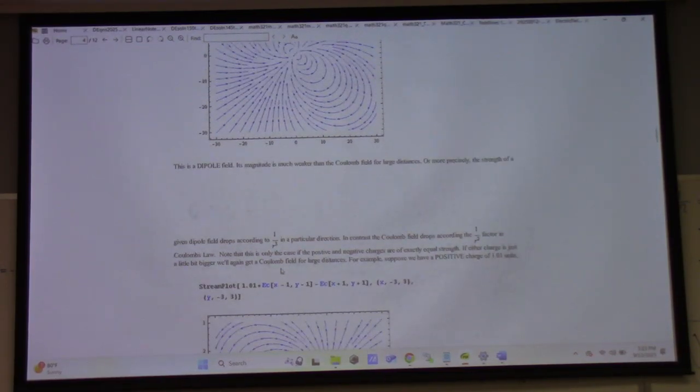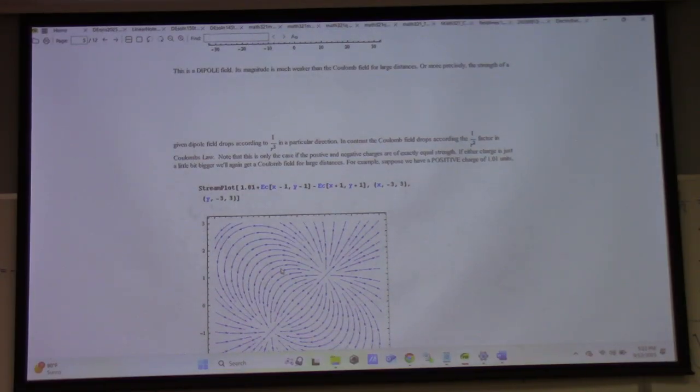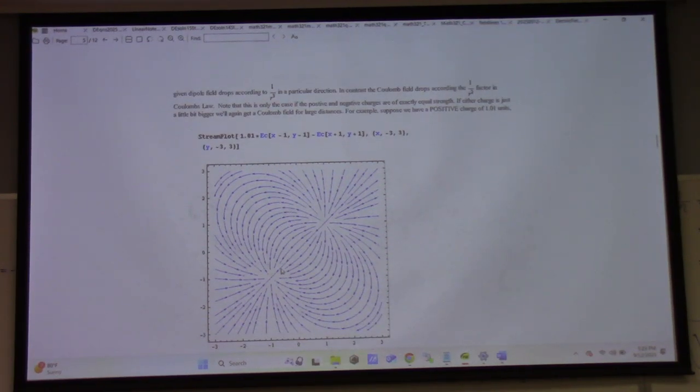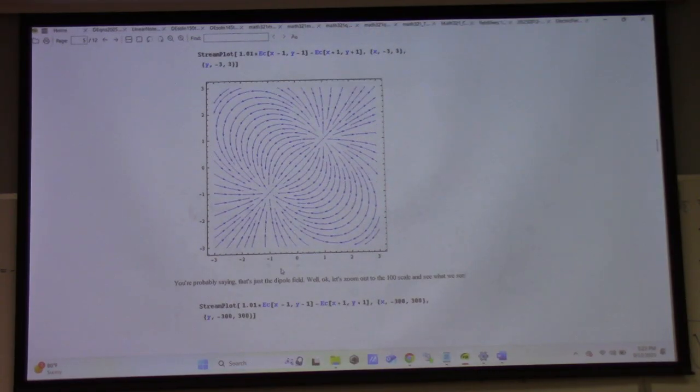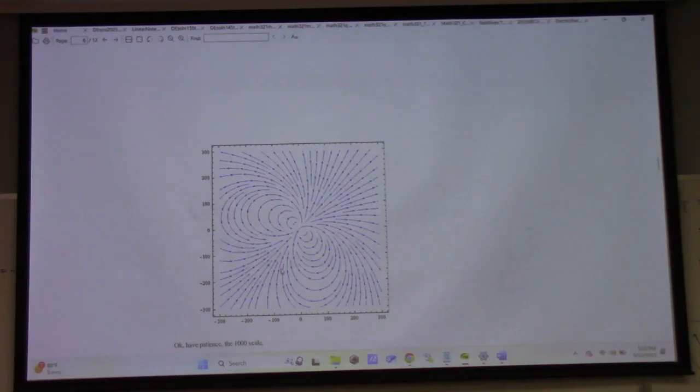Now what happens if I make the positive charge 1% bigger than the negative charge? Close in, it still looks like a physical dipole, doesn't it? But when you go out, it still looks like a physical dipole.